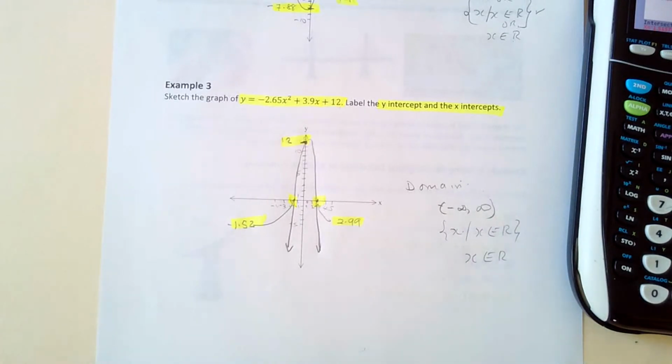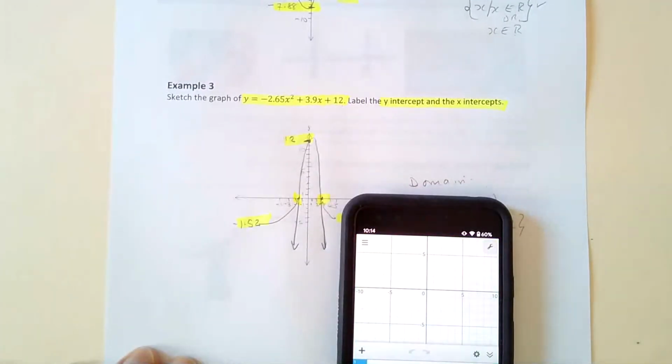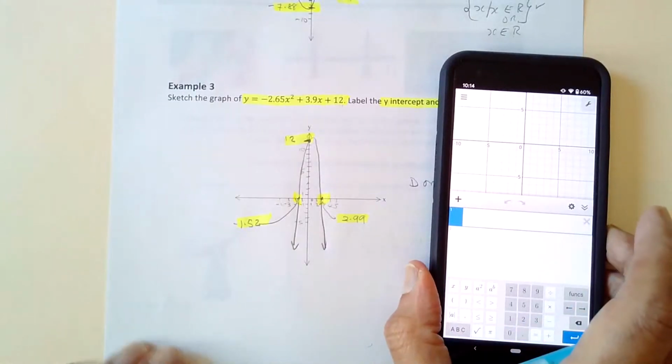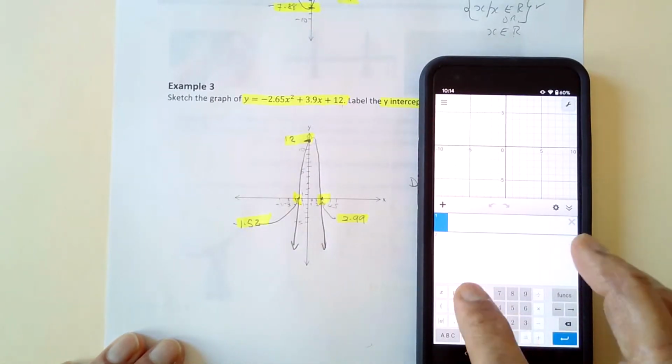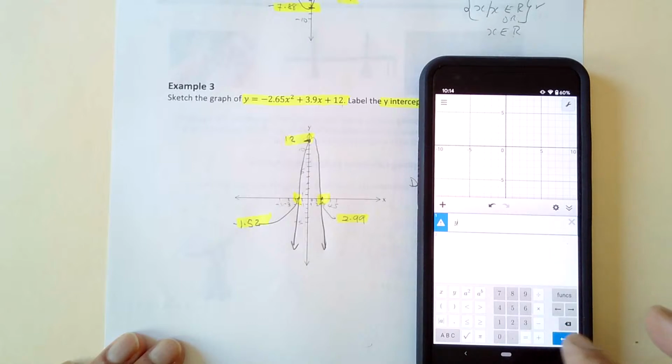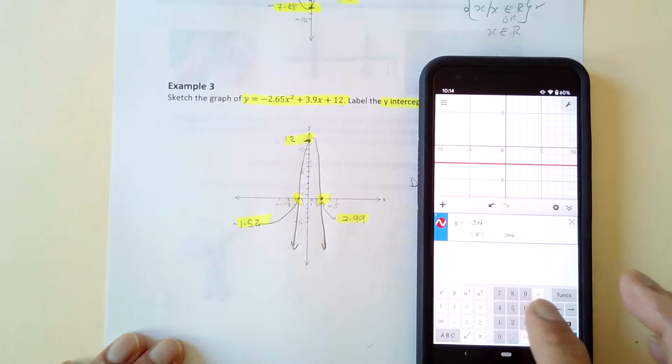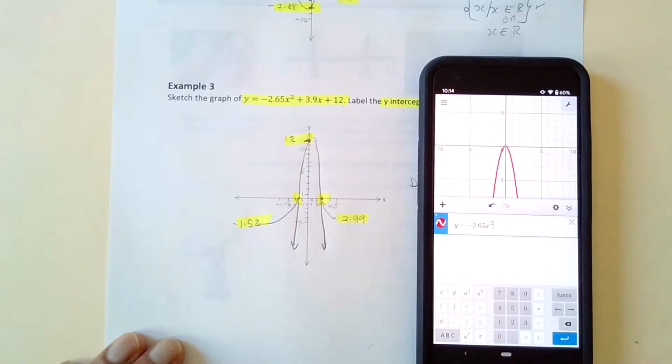Now with Desmos, you're going to enter your equation, y equals negative 2.65 x squared.